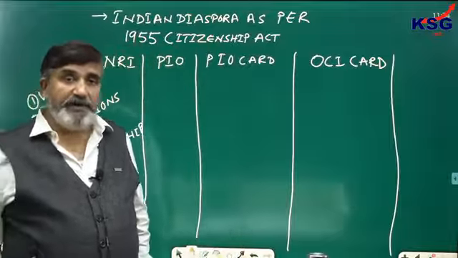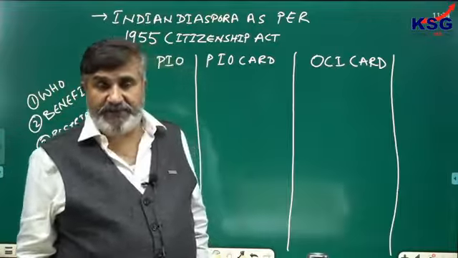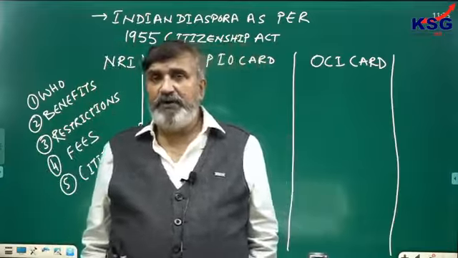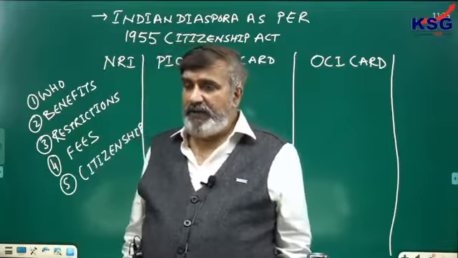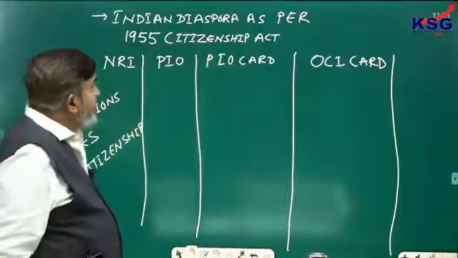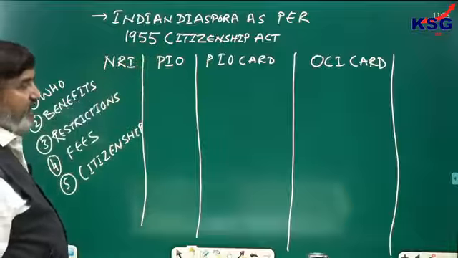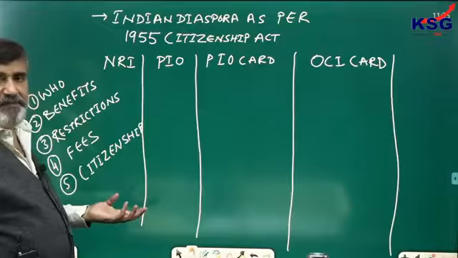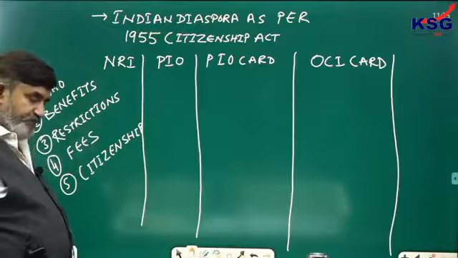But the demand was so intense from the diaspora of the developed countries that when the High Level Committee submitted its report to the Government of India in 2001, it recommended that necessary changes should be made in the 1955 Citizenship Act to give dual citizenship to Indian diaspora in developed countries.